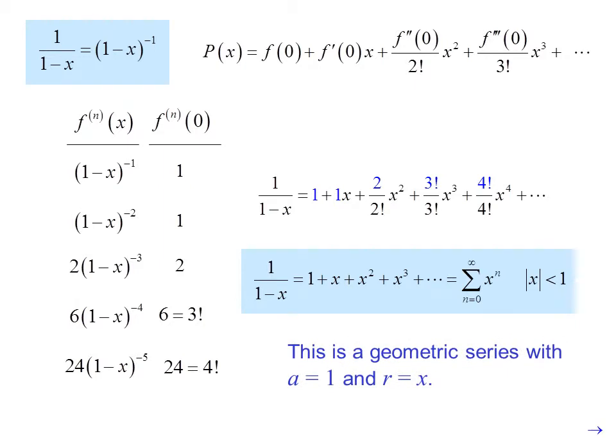This is a geometric series with a, the first term, equal 1, and r, the common ratio, equal x.